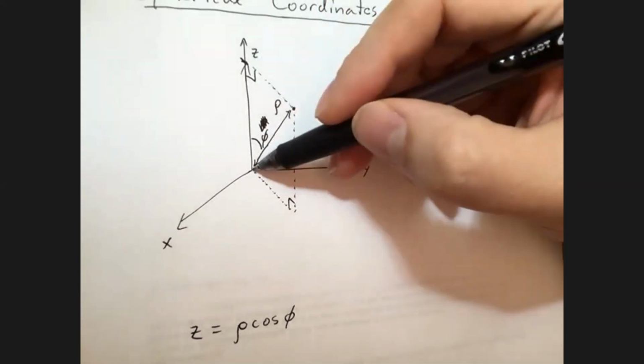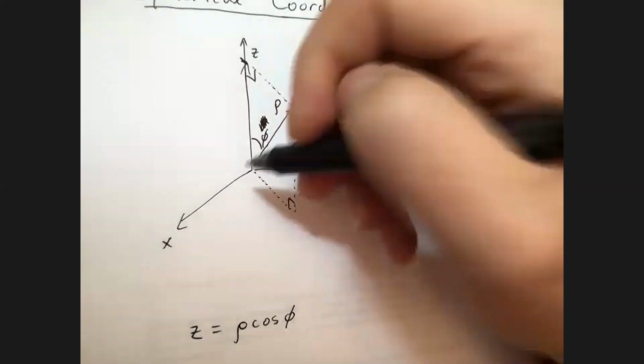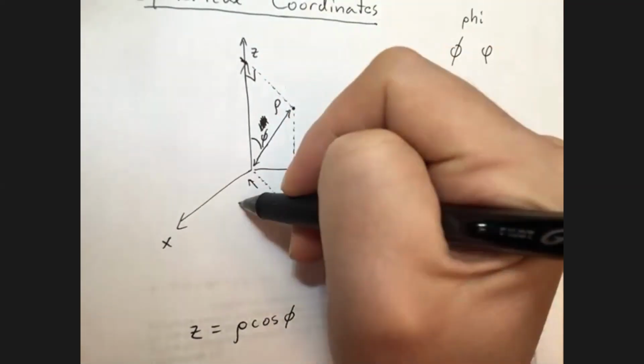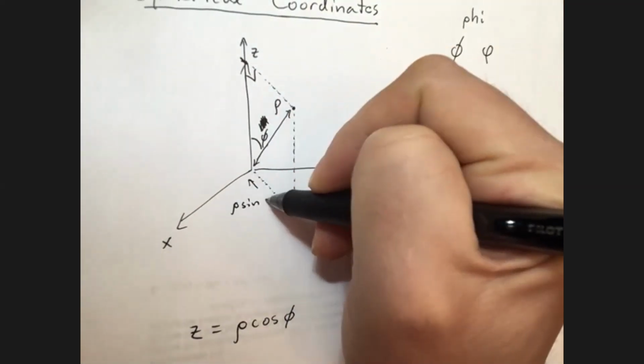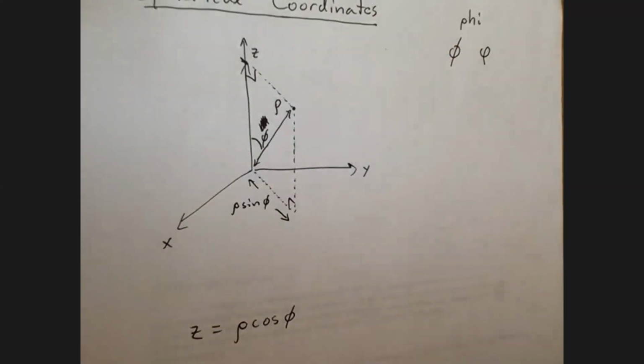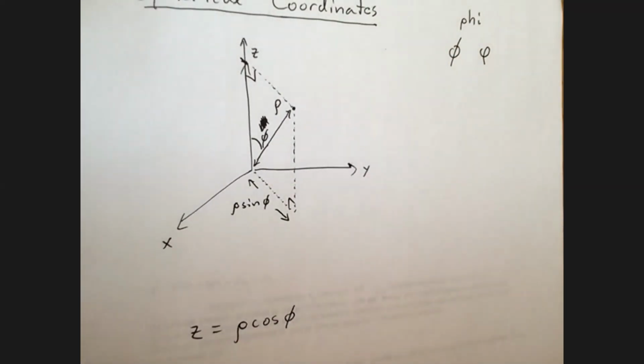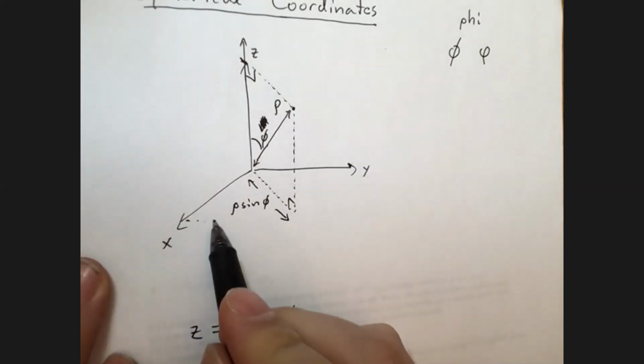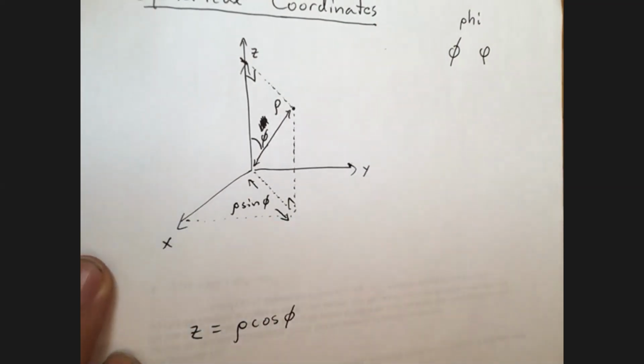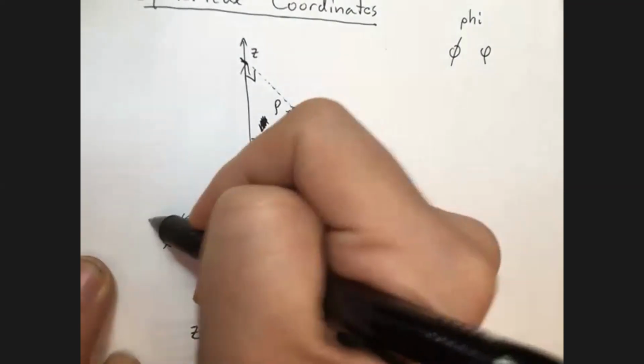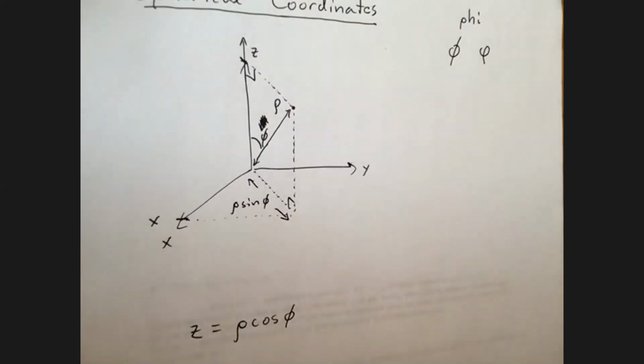So this distance down here is rho sine phi. That's that distance. All right, so now let's find out what x is. So what we're going to do is project onto the x-axis. So that's our x coordinate right there.